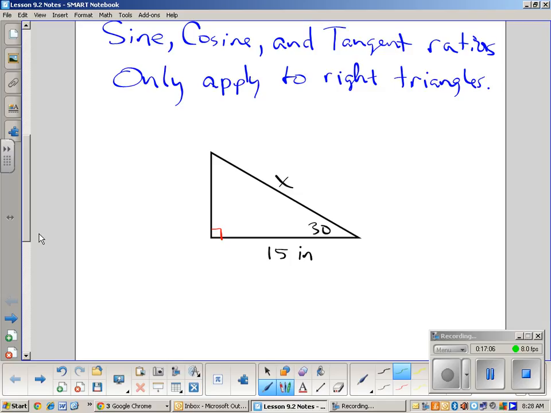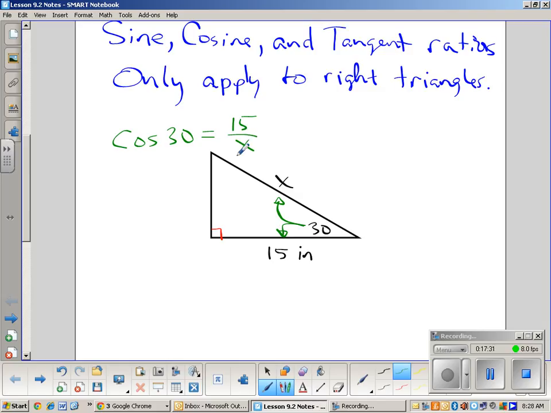Which ratio should I use to solve this? What is this side? Hypotenuse. What is this side? Which ratio has adjacent and hypotenuse in it? Cosine. So we would say cosine of 30 equals 15 over x.